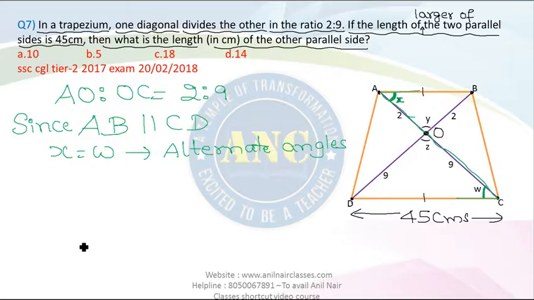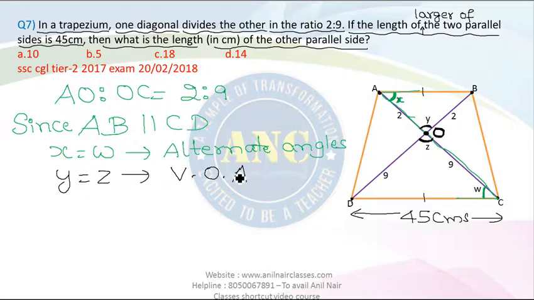Similarly, if I name this angle as angle Y, this triangle AOB shares the vertex O with another triangle DOC. This vertex makes angle Y and angle Z equal because they are vertically opposite angles.